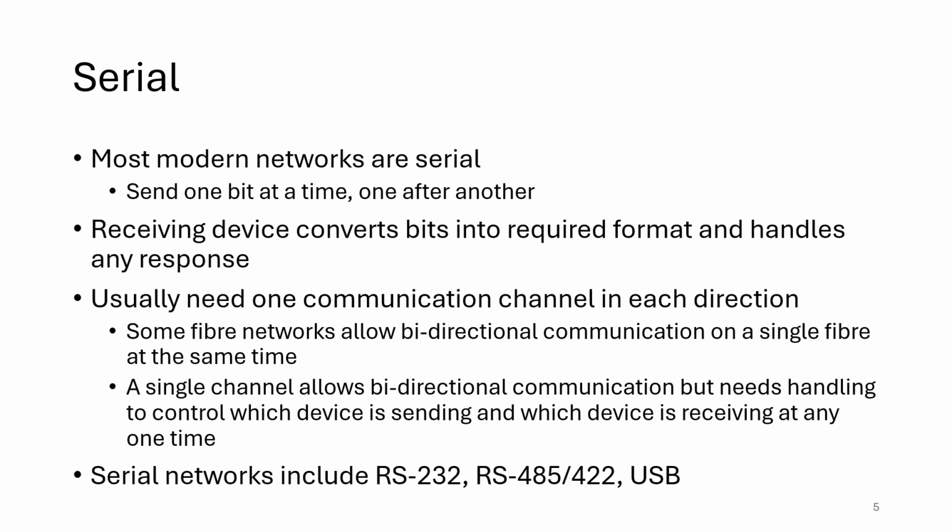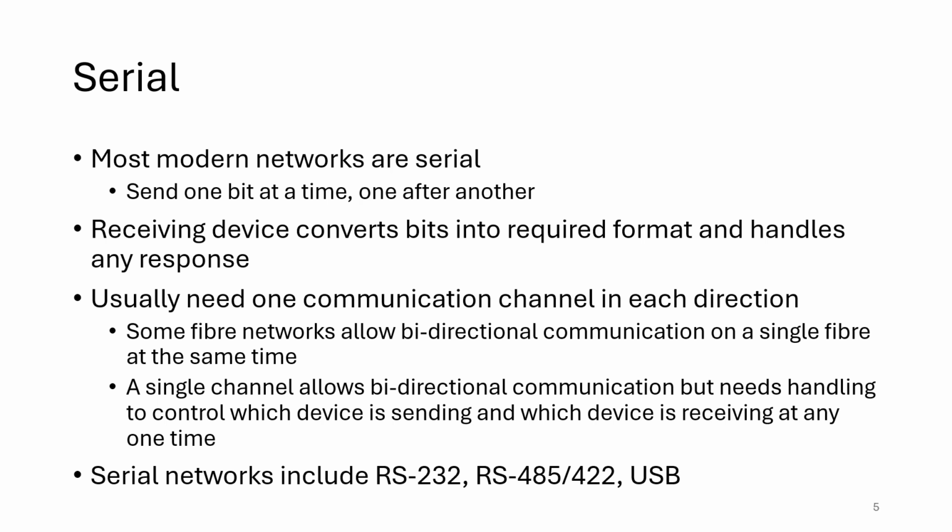The idea is the receiving device receives the bits, and then it converts those bits into the required format and then handles the response. Usually you need one communication channel in each direction. So typically with a cable system that would need 2 or more cables.